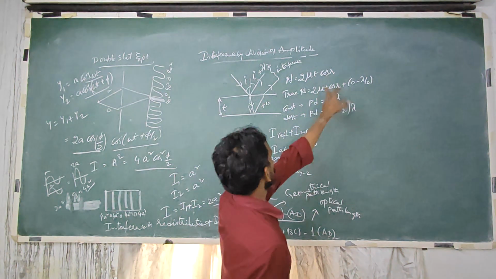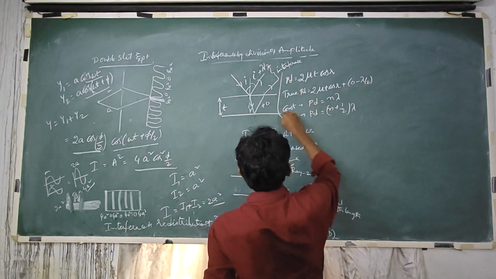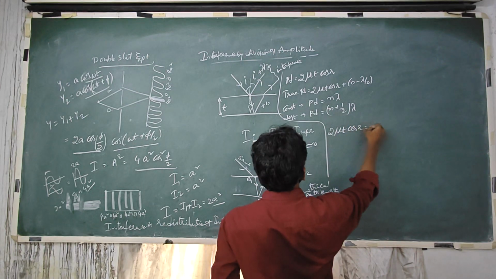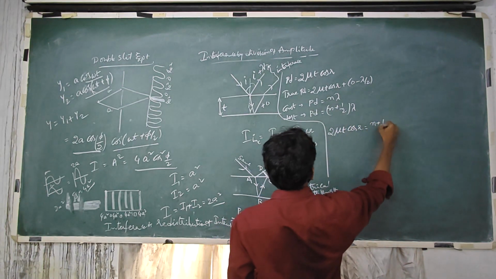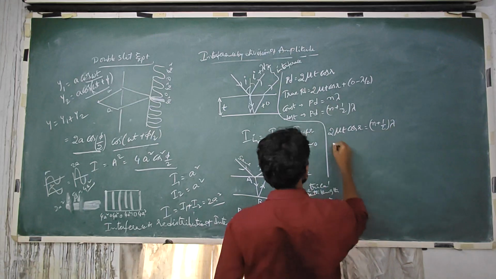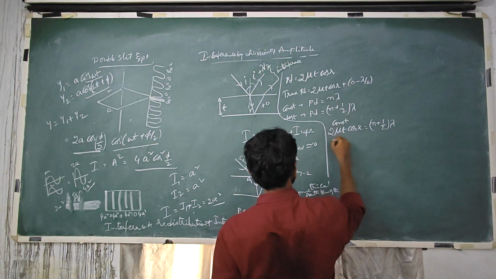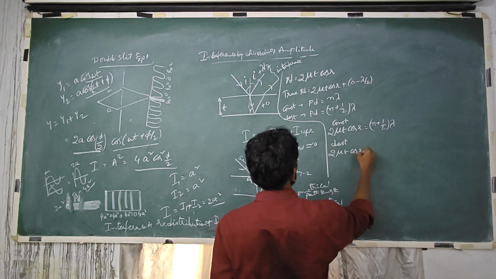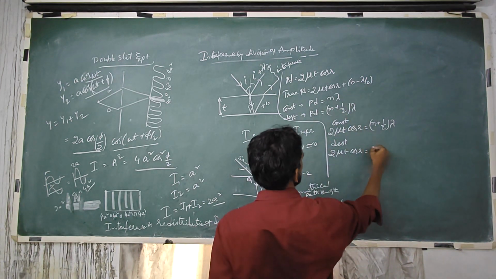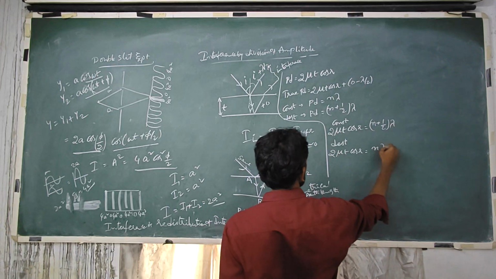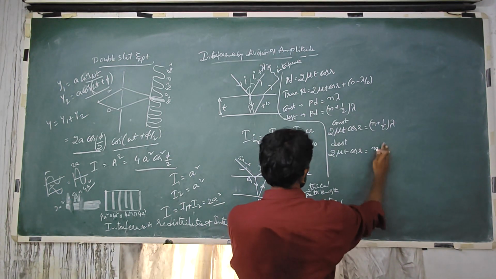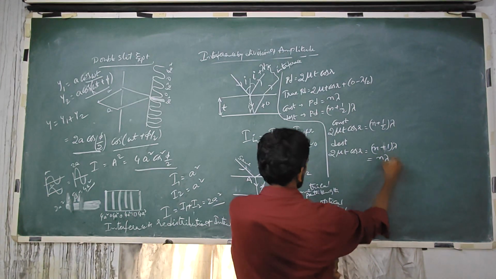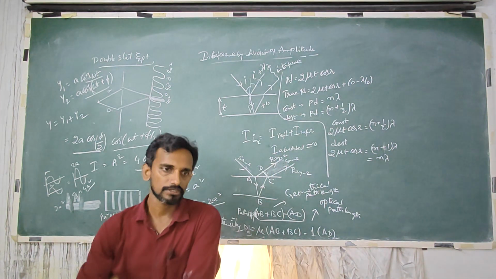So what do you get here? For constructive interference, 2 mu t cos r is equal to n plus half lambda. For destructive interference, 2 mu t cos r is equal to n lambda, where the lambda by 2 comes here, n plus 1 lambda, which can be written as n lambda for a different set of values for n.